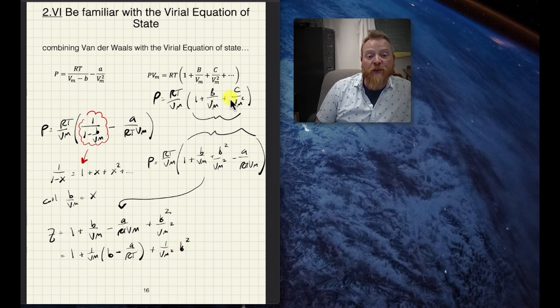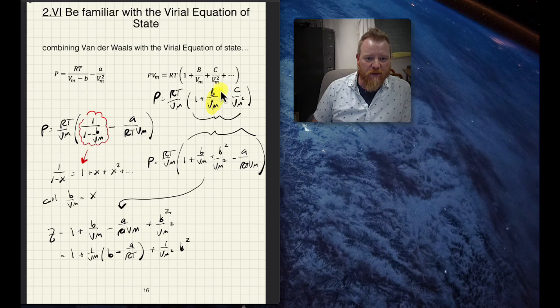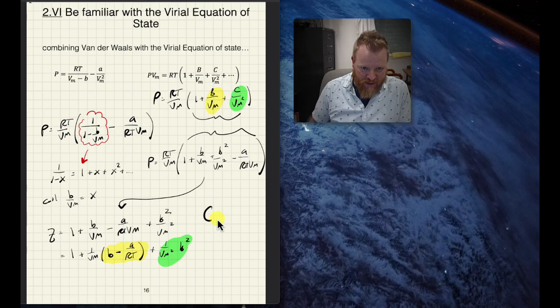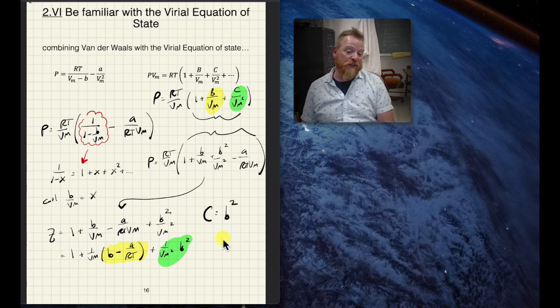And now if I look at this equation right here, I'm going to highlight all of this. I've got this chunk, b over Vm, and I've got this chunk right here. And then now, let's get a slightly different color. I've got this chunk right here, and now I've got this chunk right here. So what that means is we can actually write that the c constant, the virial coefficient c, is equal to the van der Waals parameter b squared.